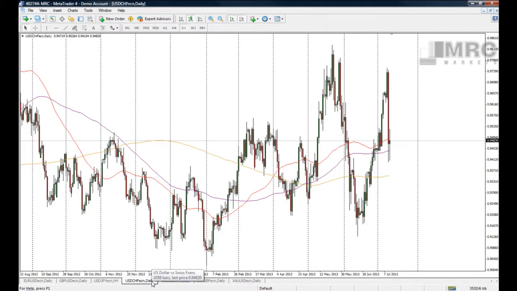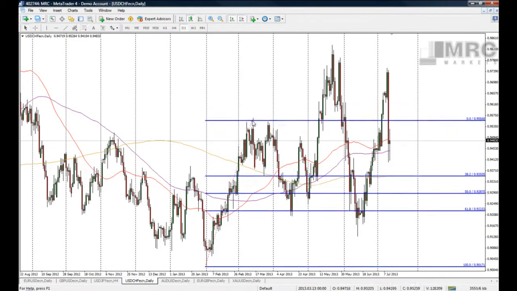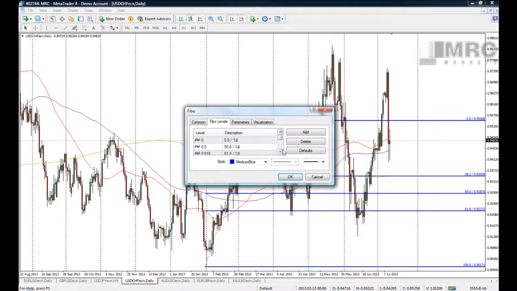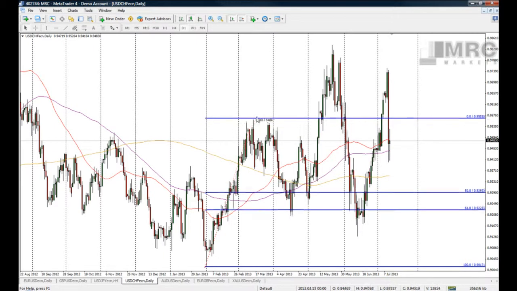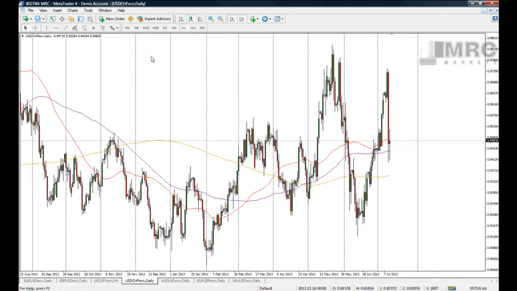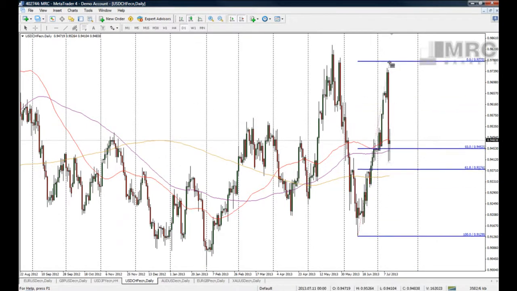Dollar Swissy has been a very volatile chart on this daily chart. Very, very choppy, but it has been playing the fib. So remember we spoke about this fib before, so I'm just going to get rid of the 38.2 for now. Talking about this fib previously, this was a nice little zone that really worked well. And this one here is what it's all about, in my opinion.